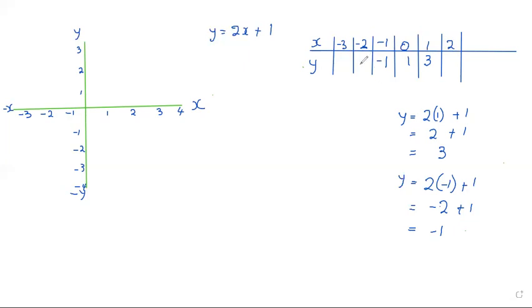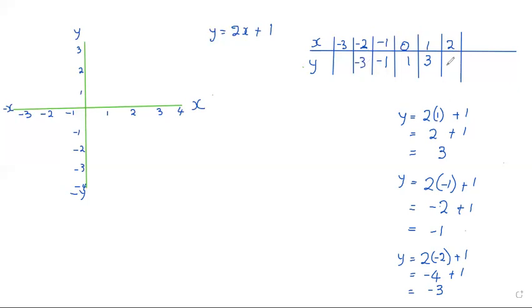Let's see, when x is a minus 2, y will be 2 times minus 2 plus 1. This will be negative 4 plus 1. That will be negative 3.